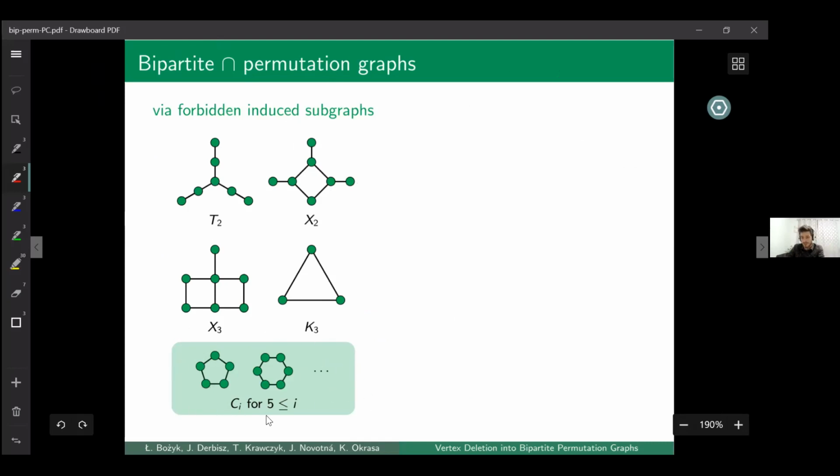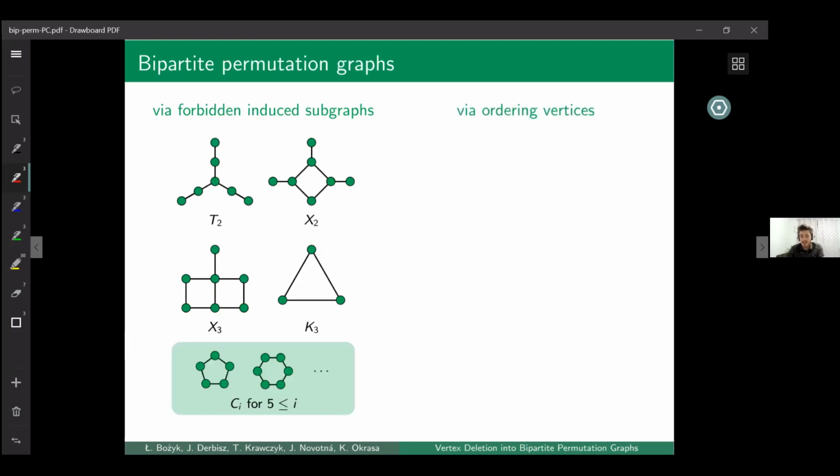We will call them holes traditionally, by the way, for 5 and above. Note, however, that we can have 4 cycles, and they are of high importance here, and they make this class non-trivial.